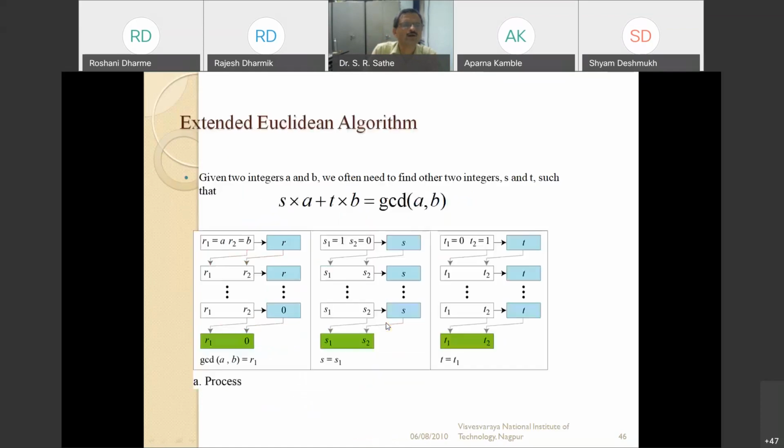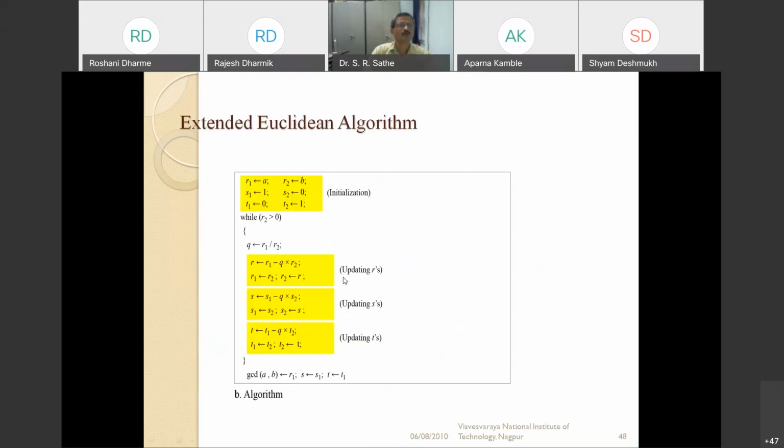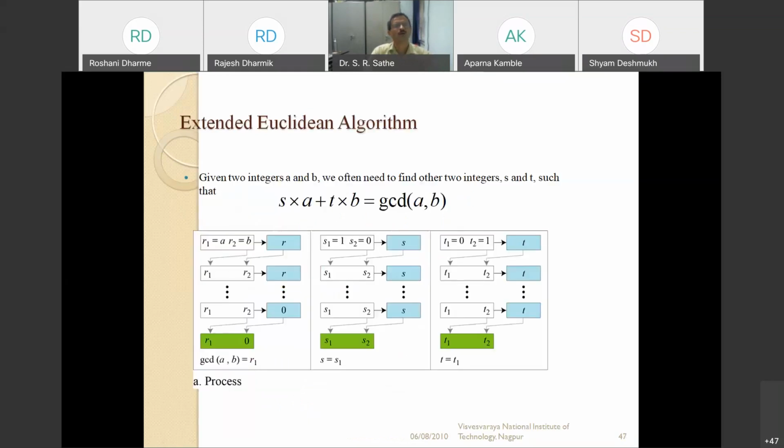So this Euclidean algorithm is also required, but I am skipping it. It is used to find a solution. If there are two integers S and T, and two integers A and B, then SA plus TB equal to GCD of A, B has an integer solution.